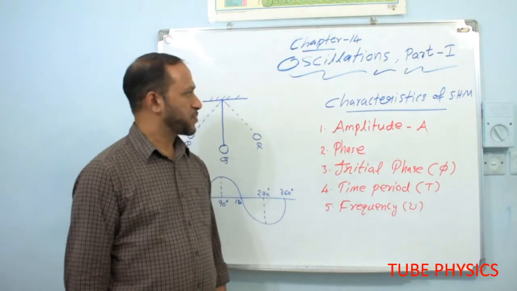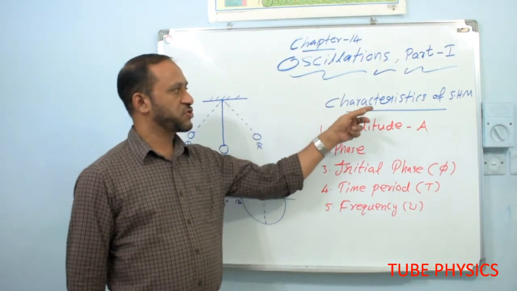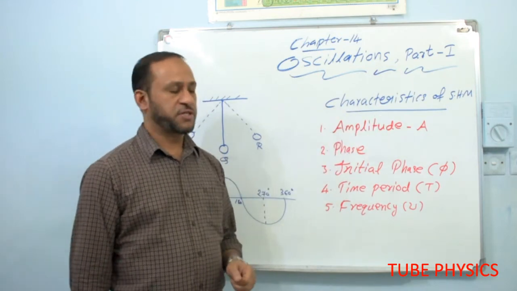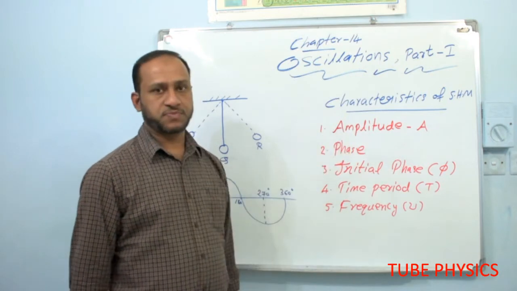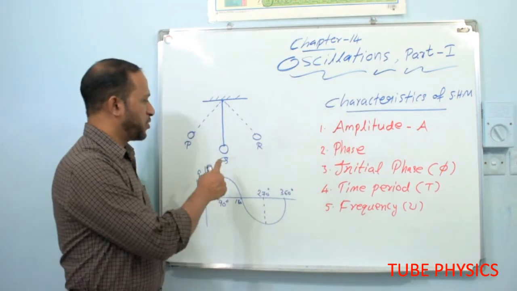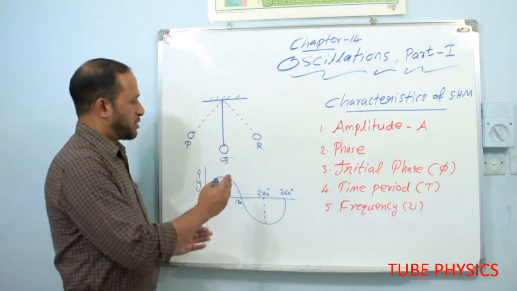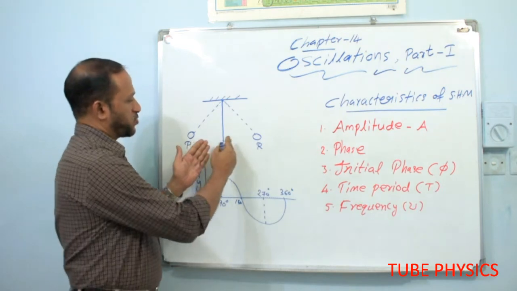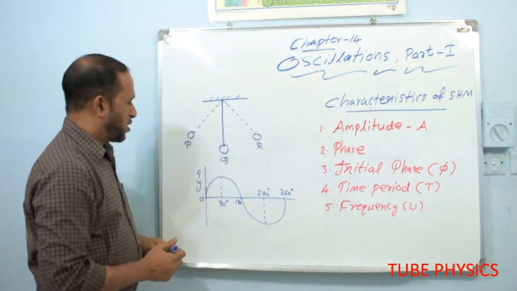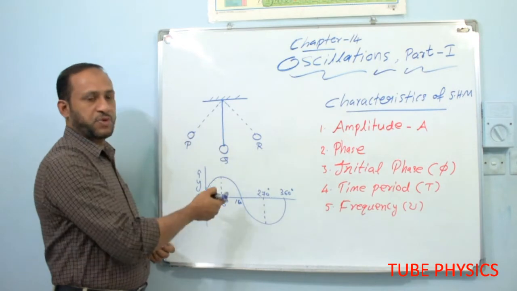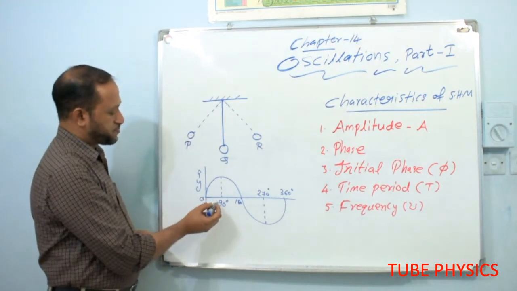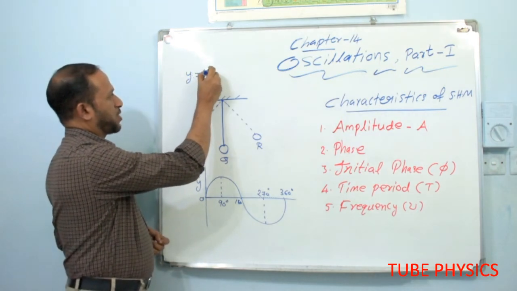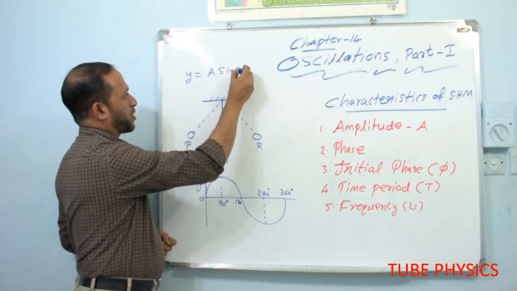Now we can see the important characteristics of SHM, simple harmonic motion. The first characteristic of SHM is amplitude. Amplitude means, during the oscillation of a body, the maximum displacement towards one side, either towards right or left. If you take the waveform of the oscillator, you can see here when theta equals 90 degrees, the equation y is equal to a sine omega t.